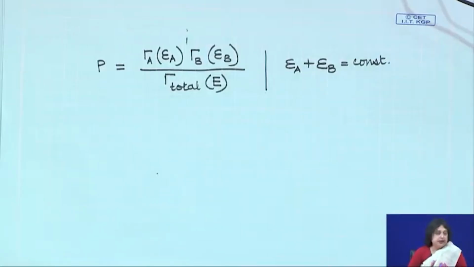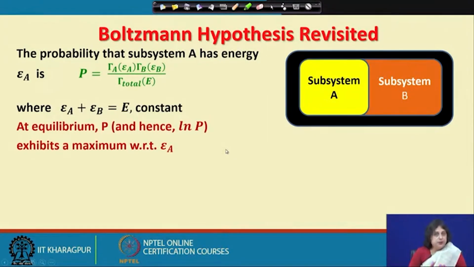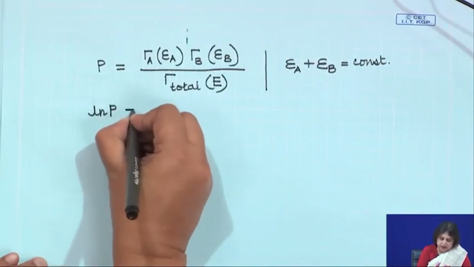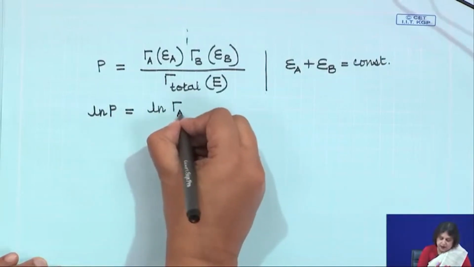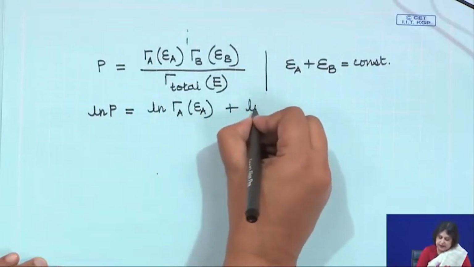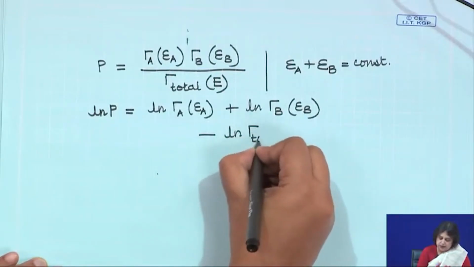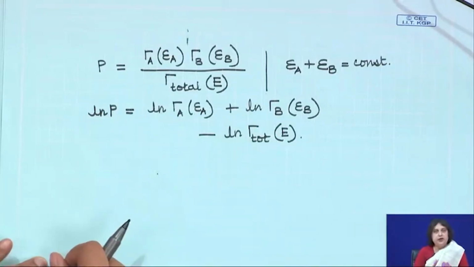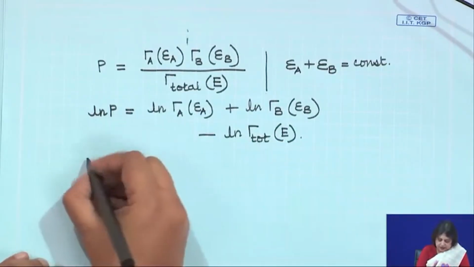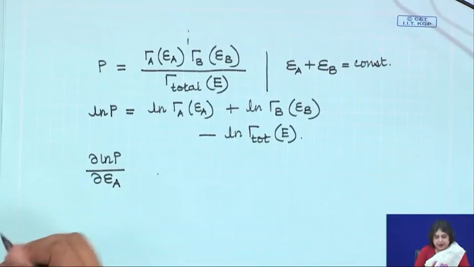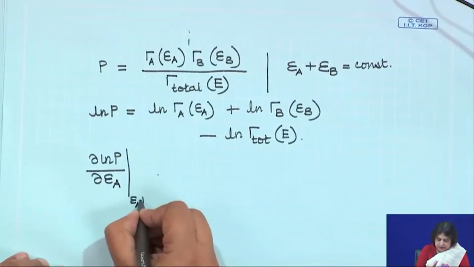Now, we can once again say that at equilibrium this probability, and hence the natural logarithm of this probability, must exhibit a maximum with respect to epsilon A. If that is so, then I can very easily say that ln P is going to be ln gamma A, which is a function of epsilon A, plus ln gamma B, which is a function of epsilon B, minus ln gamma total of E. So, in order to find the condition under which ln P exhibits a maximum, I can take a derivative of ln P with respect to epsilon A, keeping epsilon A plus epsilon B constant.